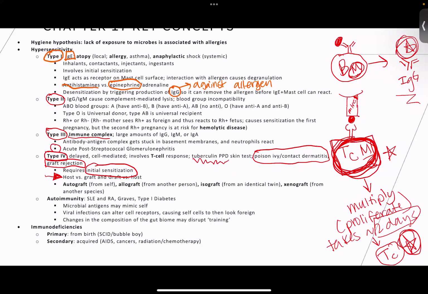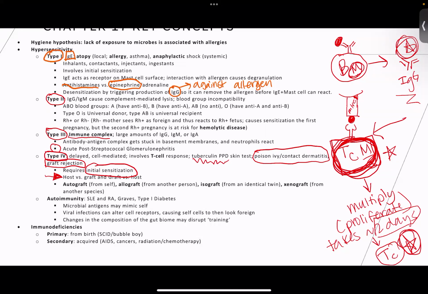So if your cytotoxic T cells are attacking the kidney, that is the host attacking the graft. That is host versus graft. If you get a bone marrow transplant and the bone marrow cells contain T cells that are not yours, they are from somebody else.